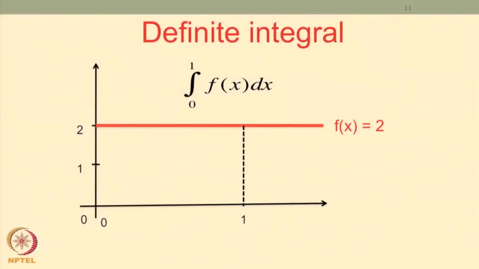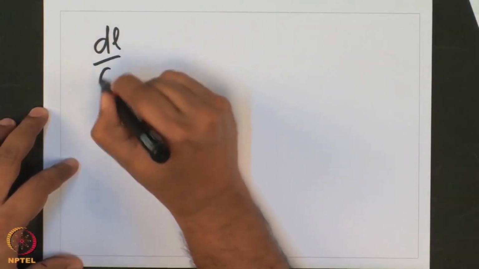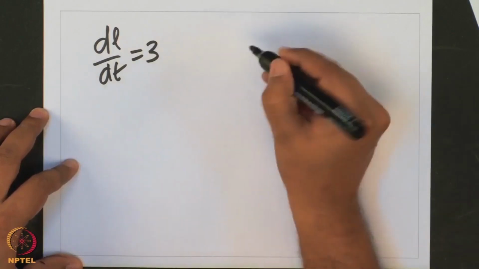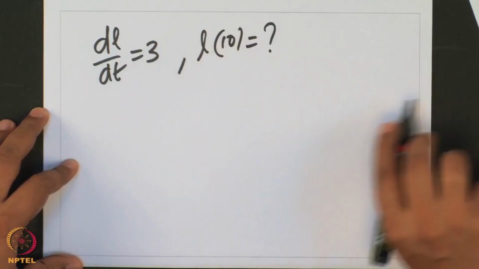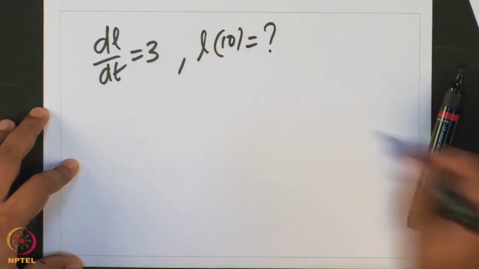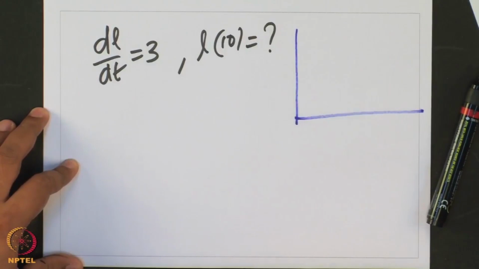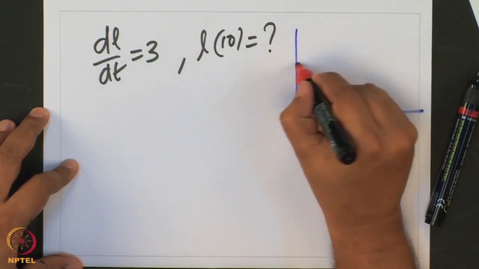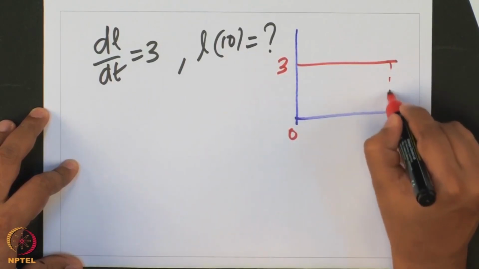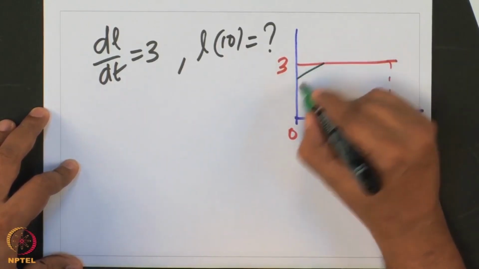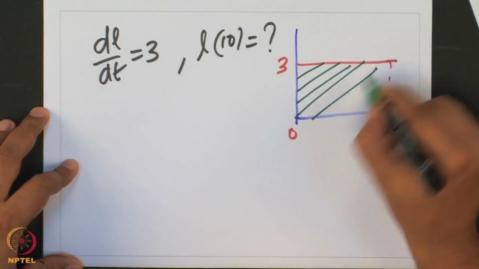Let us say this once more, slightly differently. What we have is dl by dt, and we wanted L at 10. This is what we want to calculate. To do that, we plotted the function 3 from 0 to 10, and we calculated the area under this curve, which is the function 3.